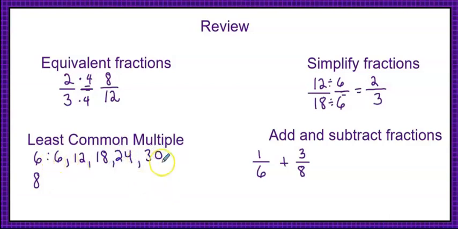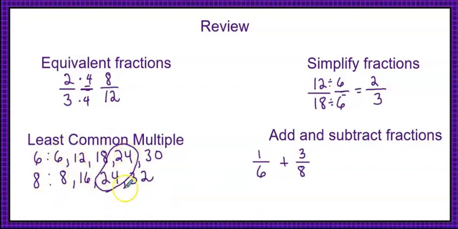If we list out a few multiples of 6, and then we do the same with 8, and we just look for the first one we come to that is the same for both of them. So the LCM or LCD, if they were denominators, would be 24.